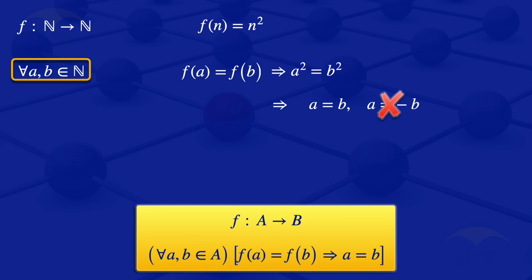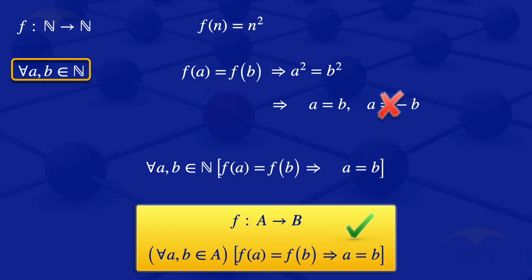So for all a, b which are natural numbers, whenever f of a equals f of b, then a equals b, which satisfies this condition. So when you are looking at f, which maps natural numbers to natural numbers defined by f of n equals n squared, that function is injective.